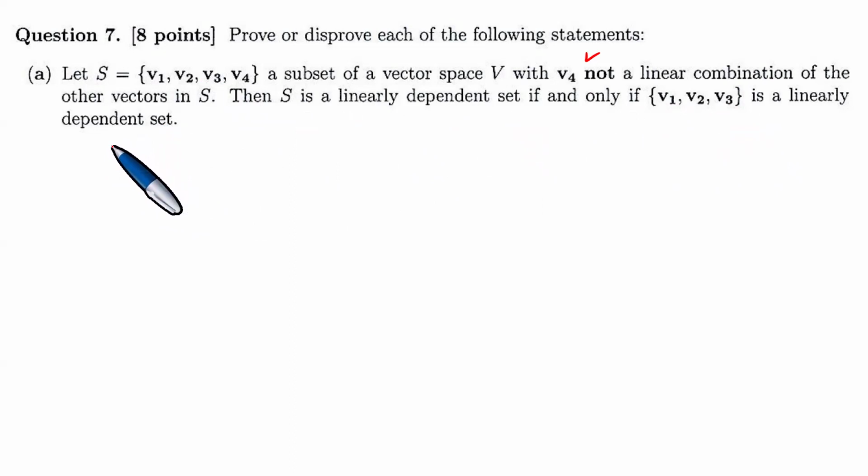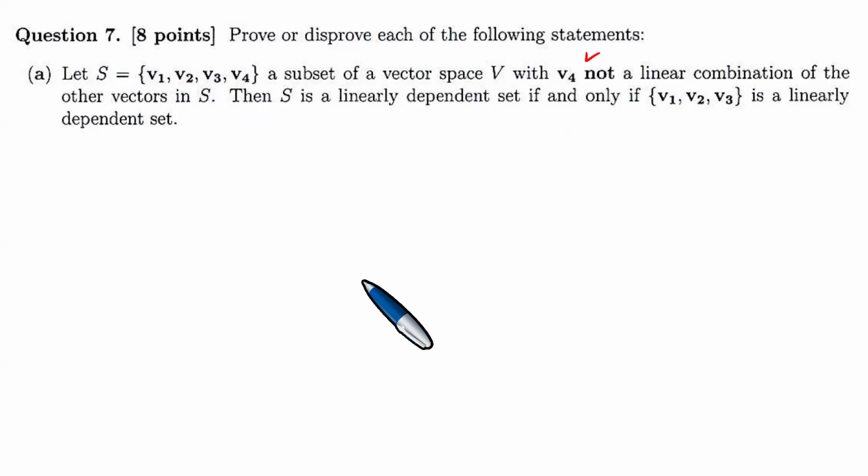Okay, right. So let us analyze the fact that S is a linearly dependent set. The four vectors are linearly dependent if and only if the three vectors themselves form a linearly dependent set.